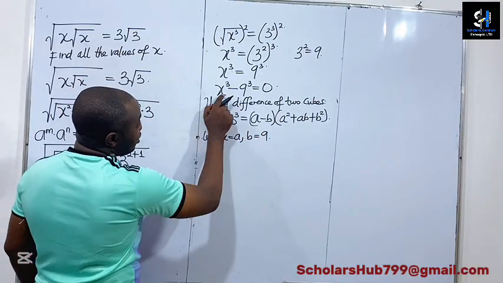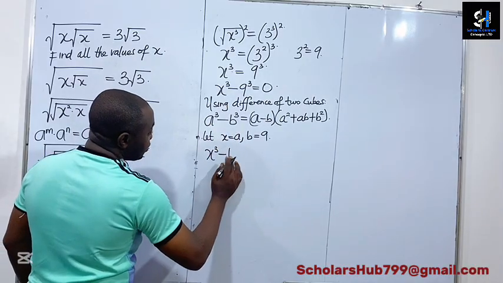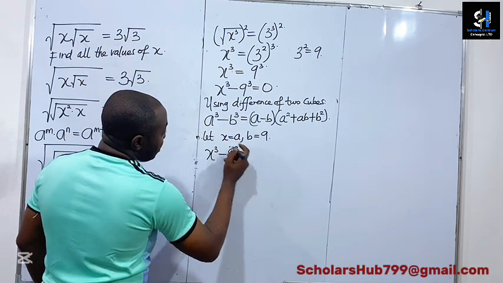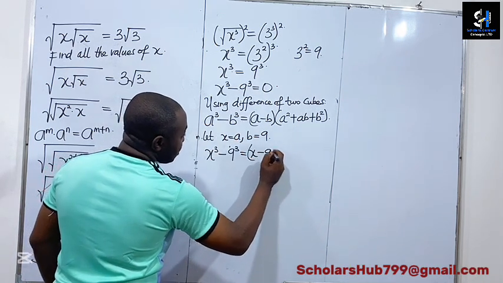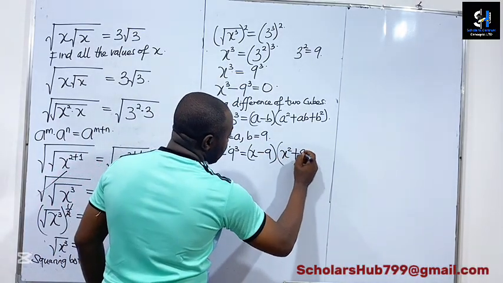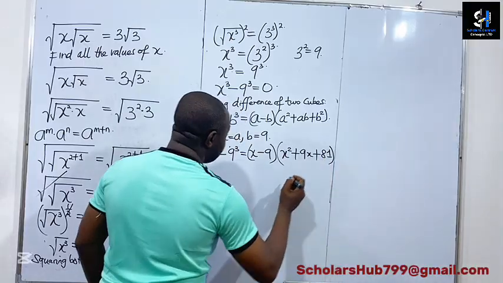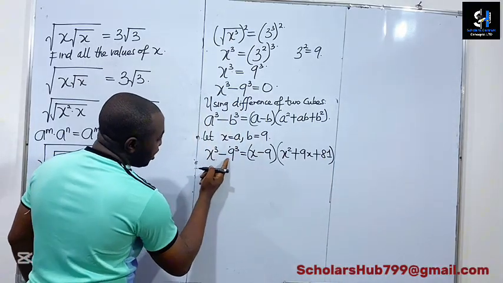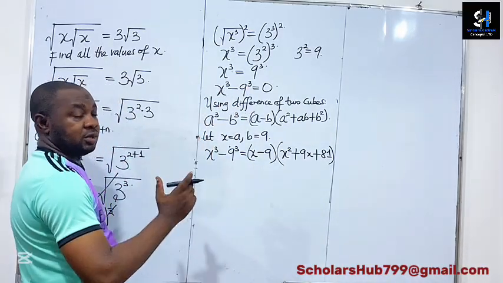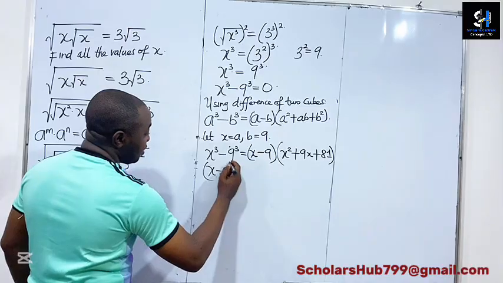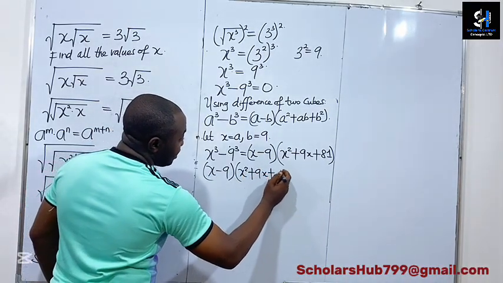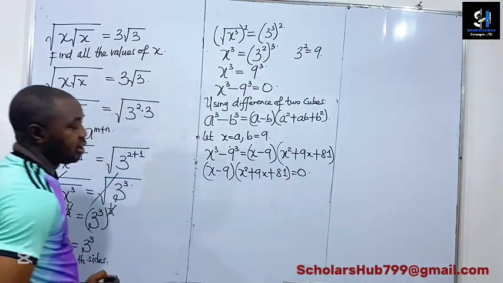We are going to write x cubed minus 9 cubed as x minus 9 multiplied by x squared plus 9x plus 81. But let's not forget that we have x cubed minus 9 cubed equals 0. So we have the product of x minus 9 and x squared plus 9x plus 81 equals 0.